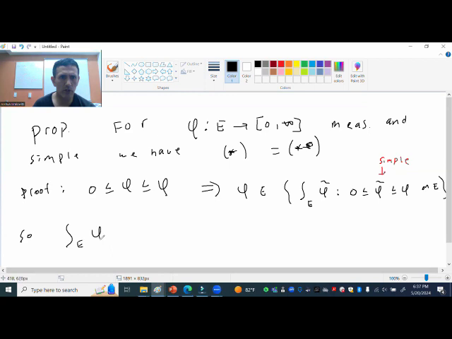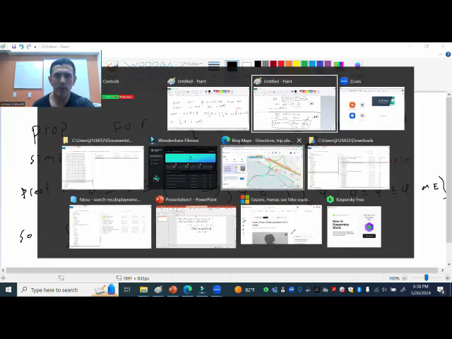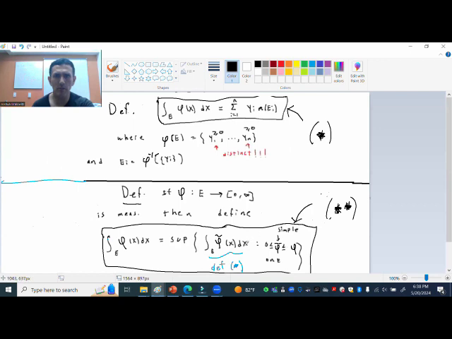So this integral here is in here, again just setting varphi tilde to be varphi. So this integral here is less than or equal to star star here, simply because star star here is the sup of all these integrals.